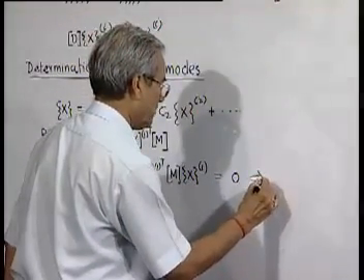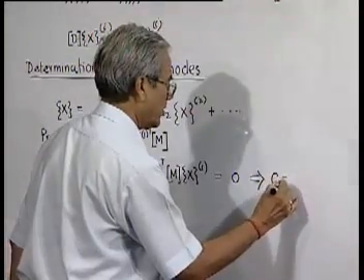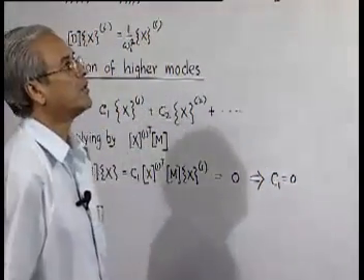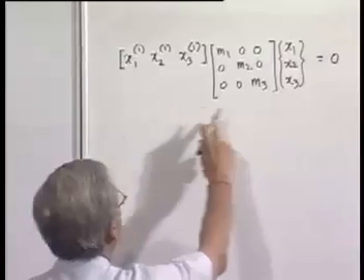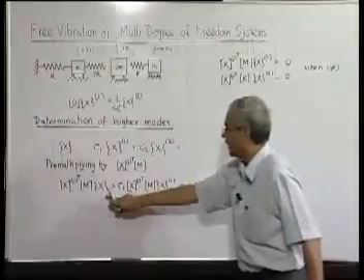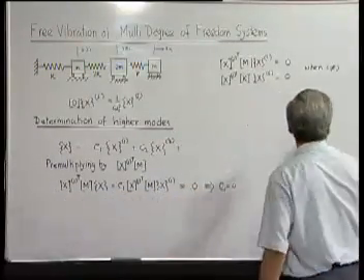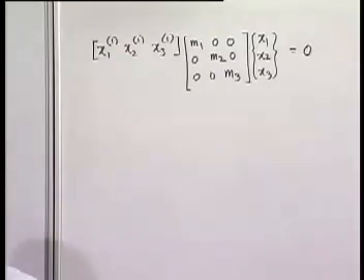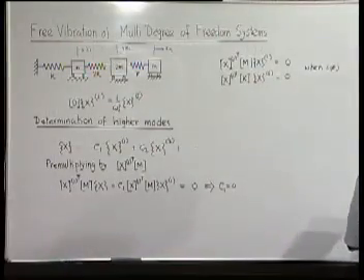So, this implies C1 equal to 0. Therefore, if this is nothing but this, and when I am putting this equal to 0, it means C1 has become 0 automatically.